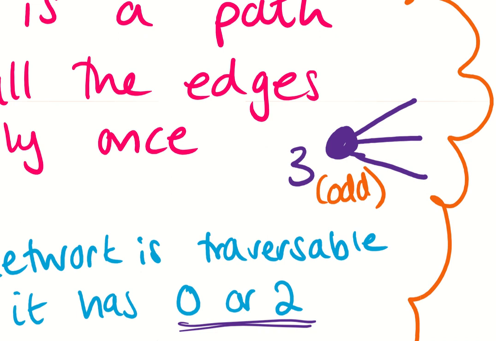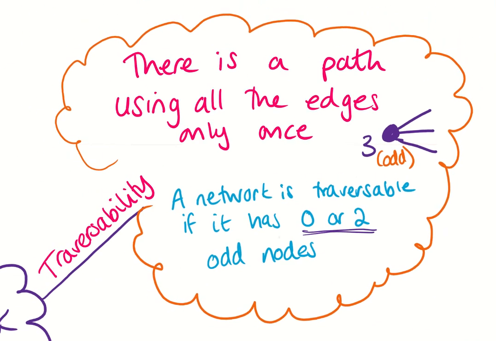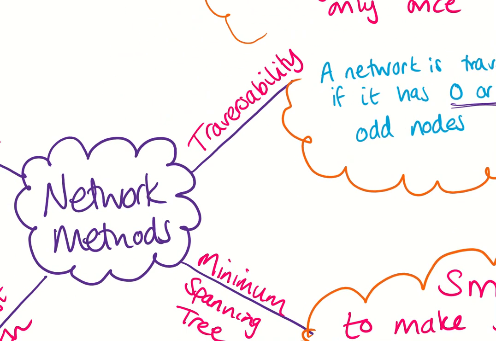So on this little one that we've taken as a portion of a network diagram, we don't know where those lines go off to, but this particular node has an order or degree of 3, and because that 3 is an odd number, we call it an odd node. So if there are 0 or exactly 2 odd nodes, then it's traversable, and all other situations mean it's not traversable. It means that we can't do one of those types of paths that uses every edge exactly once.